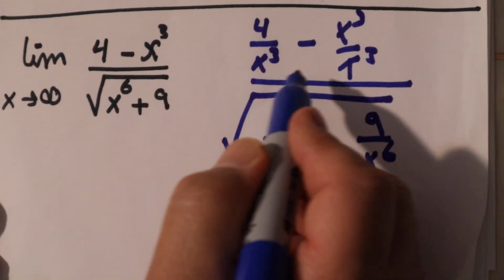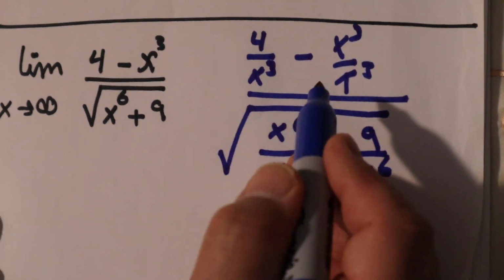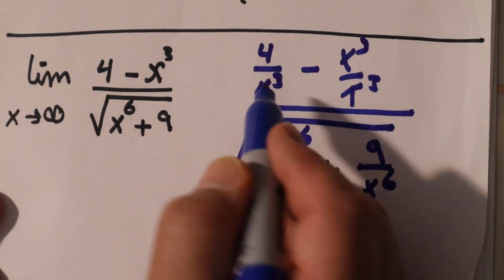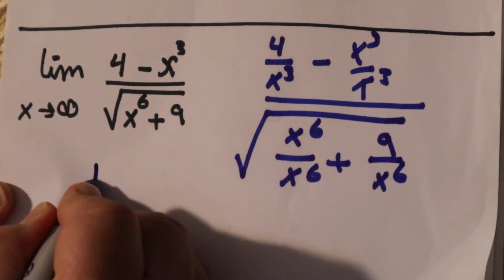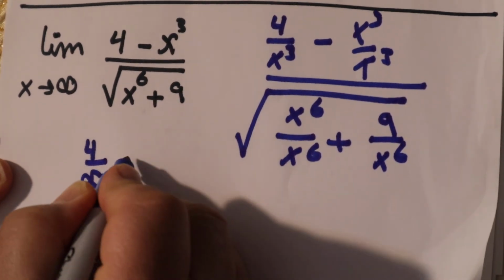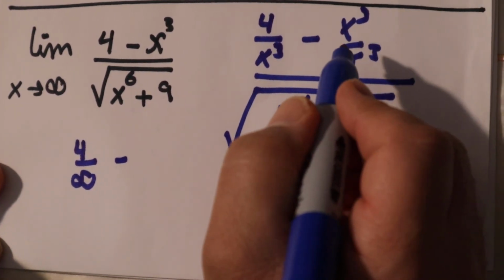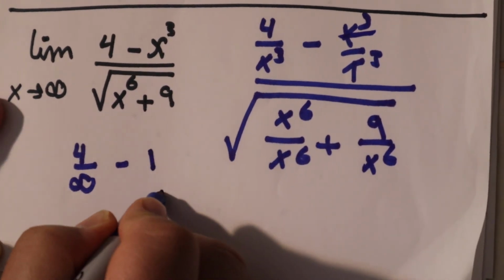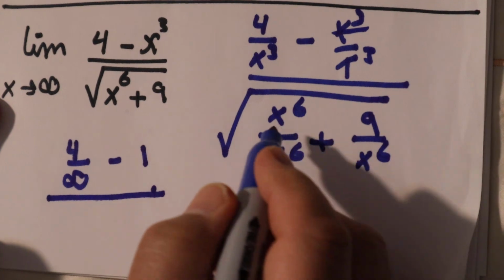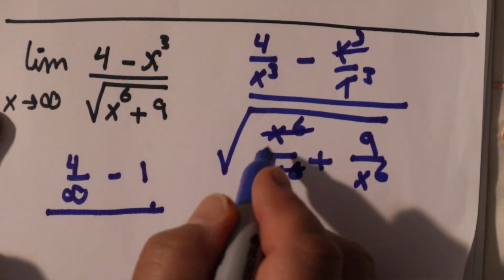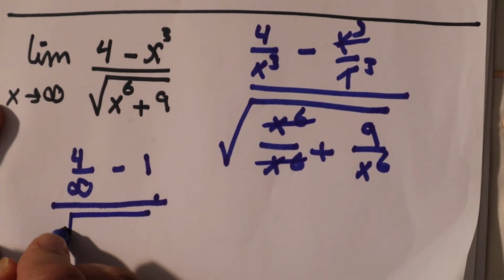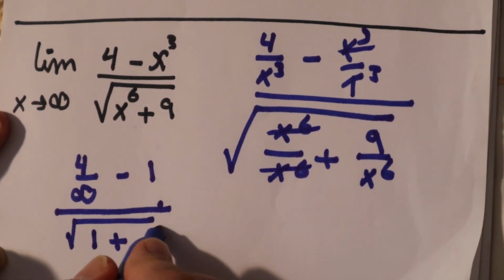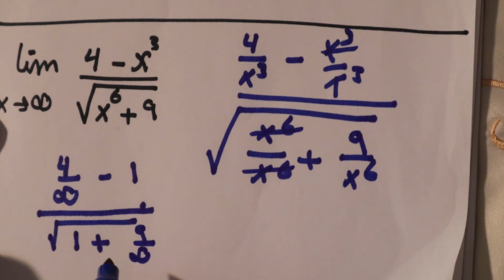And now when we plug in infinity, that will be 4 over infinity, minus x to the third over x to the third, which is 1, divided by the square root of x to the 6th divided by x to the 6th, which is 1, so it's radical 1, plus 9 divided by x to the 6th, the same as 9 over infinity, and it would be 0.